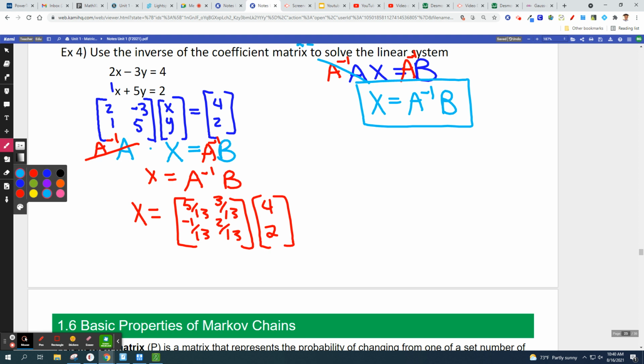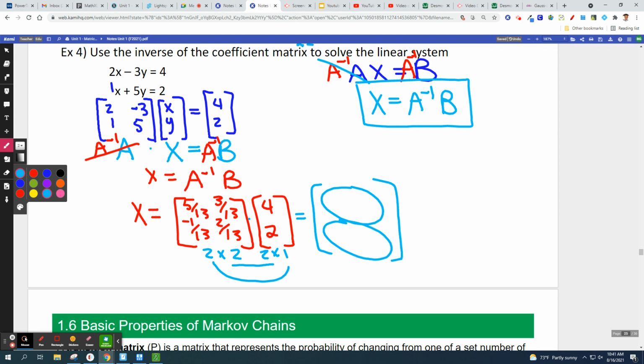If you multiply matrices, again, this is a good review. This is a 2 by 2 times a 2 by 1, remember, rows before columns. If you take a 2 by 2 times a 2 by 1, you're going to get a 2 by 1. So the skeleton looks like this, 2 by 1.